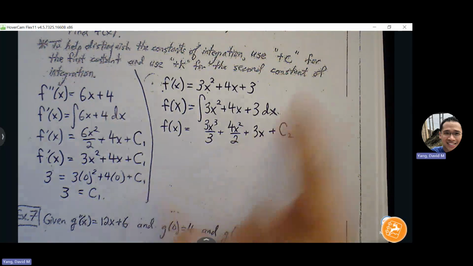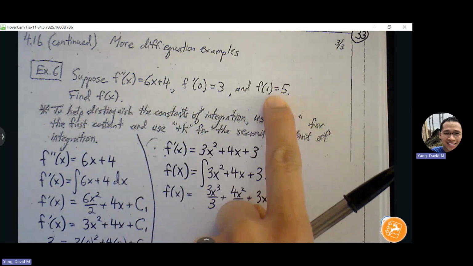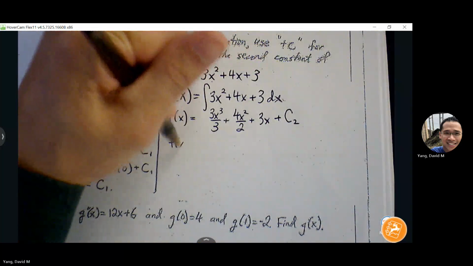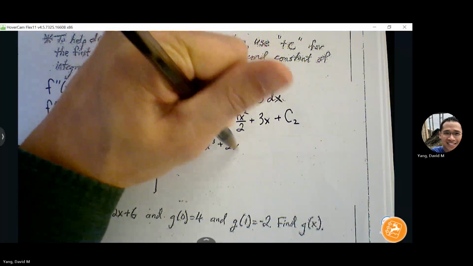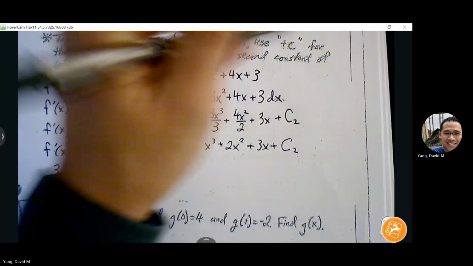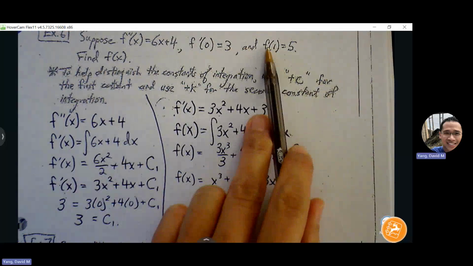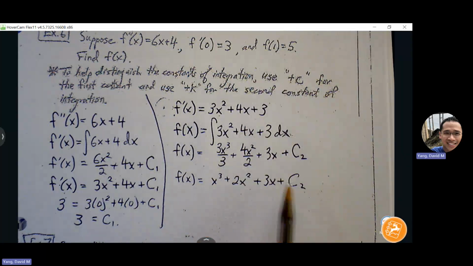I'll do some cleanup, and then I can use my ordered pair at the function level to help me get to my new c value. So I have an ordered pair at the function level: plug 1 in for x, plug 5 in for y, and that can help me isolate c sub 2.